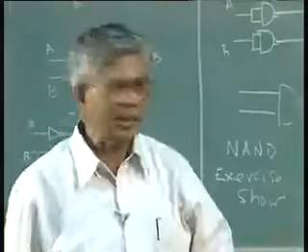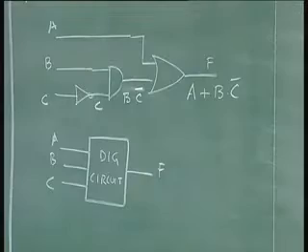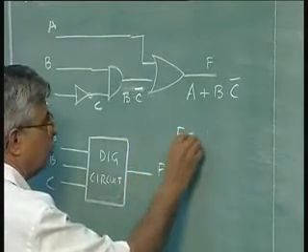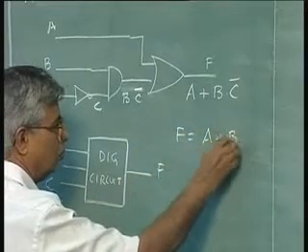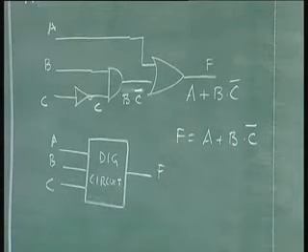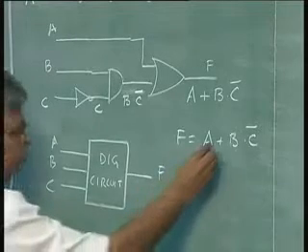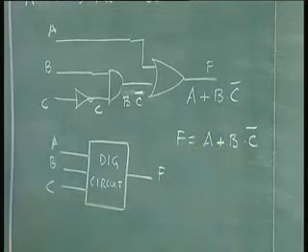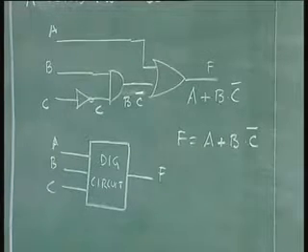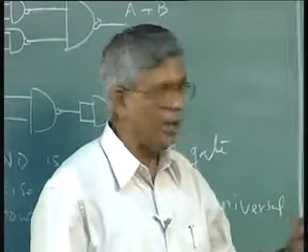So the functional description of the circuit is F is equal to A OR B and C bar. But you want to be very correct about it. Say A OR B and not C. Let us say that: F is equal to A OR B and not C.